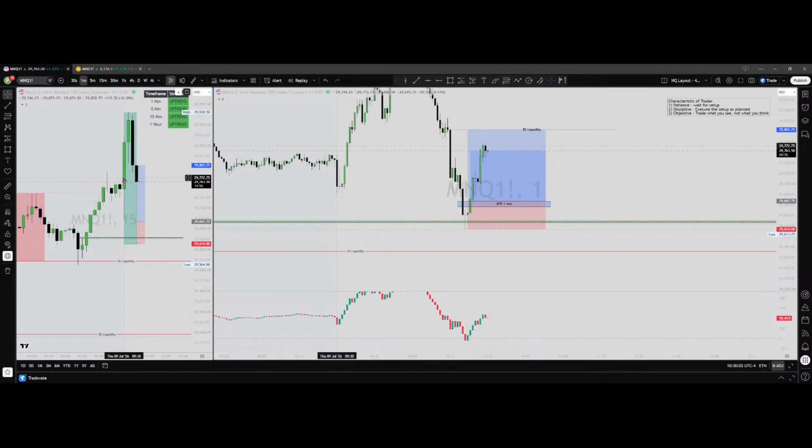This fair value gap did not get inversed. This fair value gap has not been inversed yet. The 50-minute fair value gap candle did not close below that.